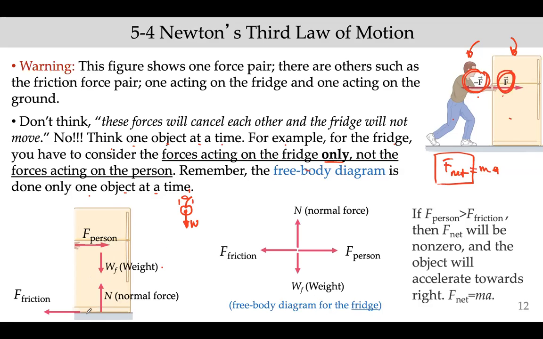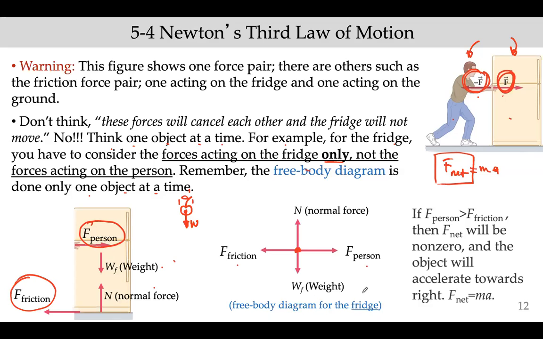Okay, what are the other forces on the fridge? Well, there's friction to the left. Why? Because the person is pushing it to the right. The friction force is always opposite to the movement or the possibility of the movement. And there's also the force that's exerted by the person on the fridge. So let me move all the forces here on this dot. The normal force is up, the weight is down, the friction is to the left, and the external force on the fridge due to the person is to the right.